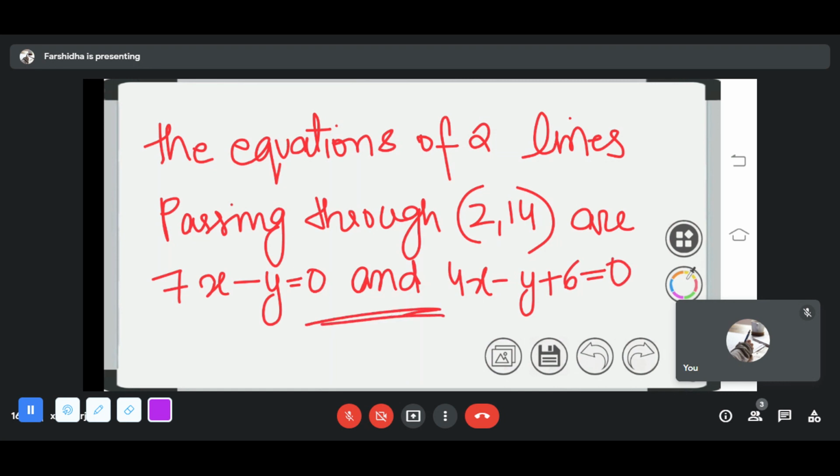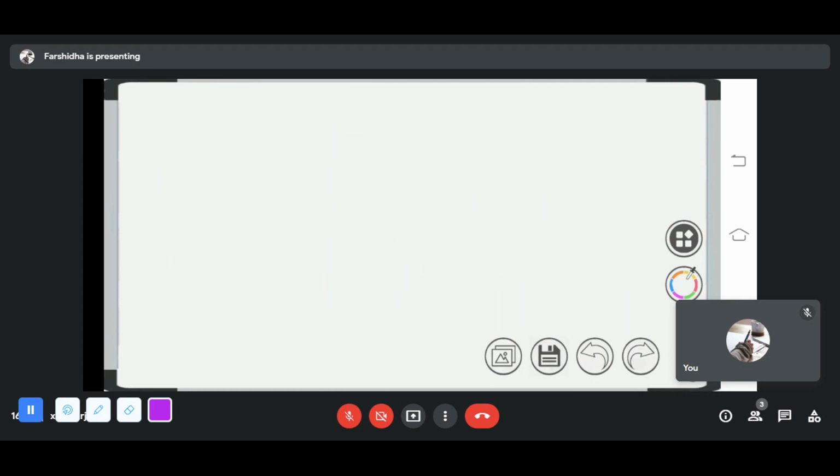So we know that infinite number of lines pass through one specific point. Since there is only one point, that is (2, 14), there can be infinite lines that pass through the point. This is the conclusion. Okay, you can write.